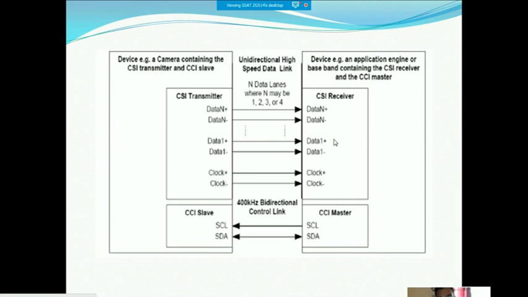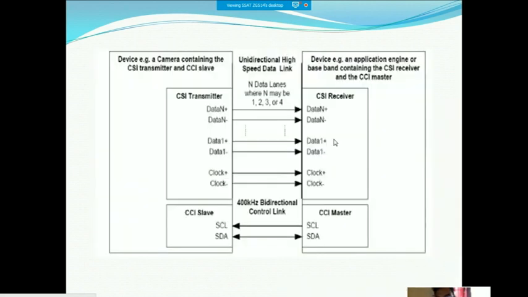So the number of CSI interfaces defines the maximum number of camera sensors we can connect at a time. Let's say you have 2 MIPI CSI interfaces on the SoC side, so at a time you can connect 2 camera sensors. If you have 4 MIPI CSI interfaces, you can connect 4 camera sensors at a time.